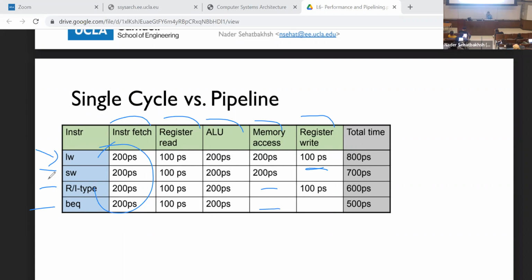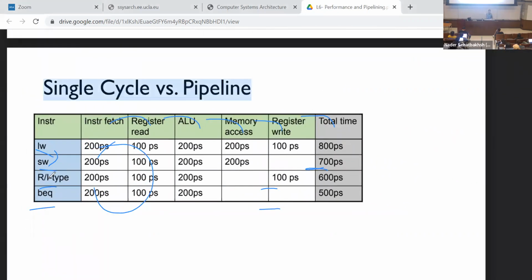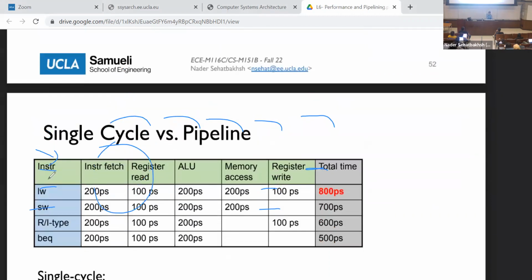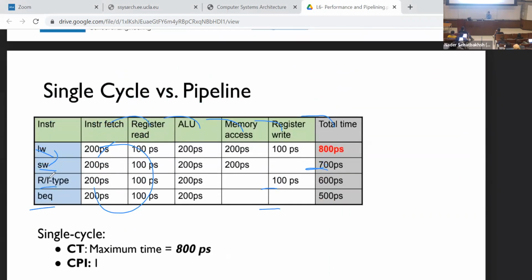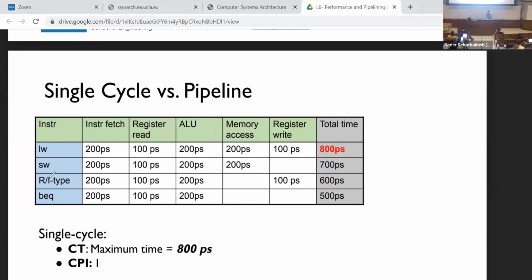Okay, so now let's compare our CPU time in single cycle versus in our pipeline design. First of all, if you look at the total time for these instructions in single cycle, you will see that the max among these is this load instruction here.